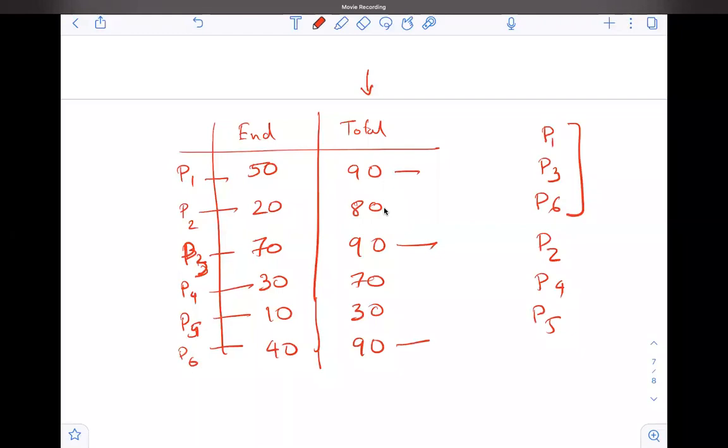P3 has got better end sem, and I want to rate him higher. So I would like to have P3, P1, P6. How will I get that?